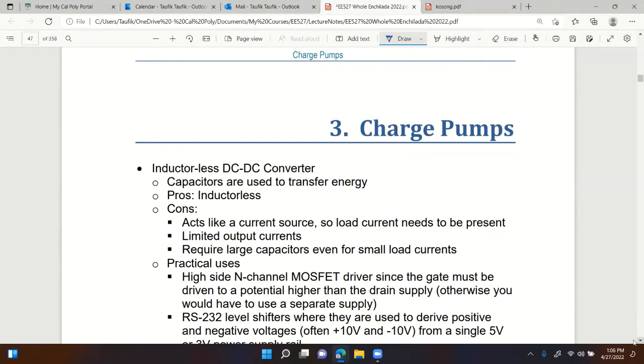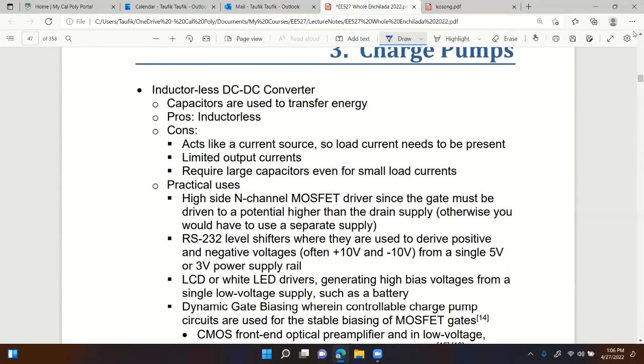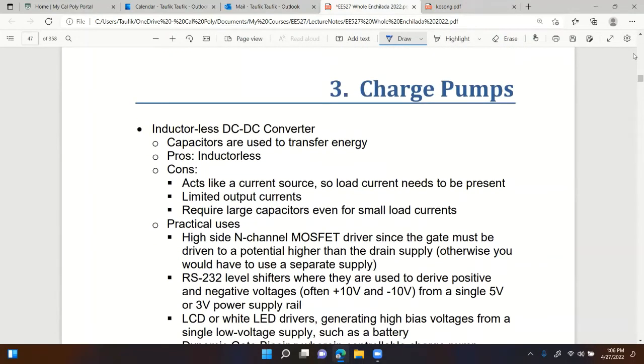All right, so then chapter 3 is going to be on a different type of DC to DC converter. This is a topic that I did not cover in EE410, 411. It's called charge pumps, and this type of converter does not use any inductors.